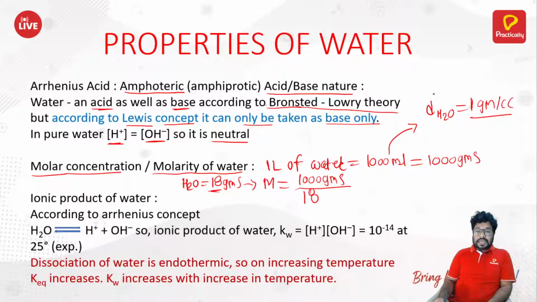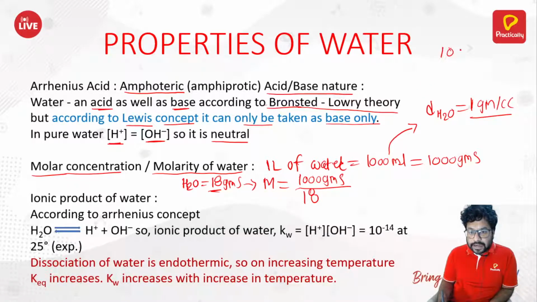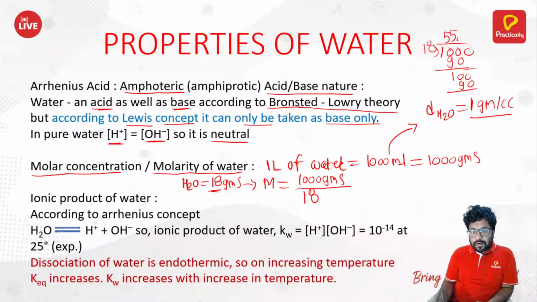So you are dividing 1000 by 18. 18 fives are 90, you get 10, then again 18 fives are 90, and you get 55.55 moles per liter.